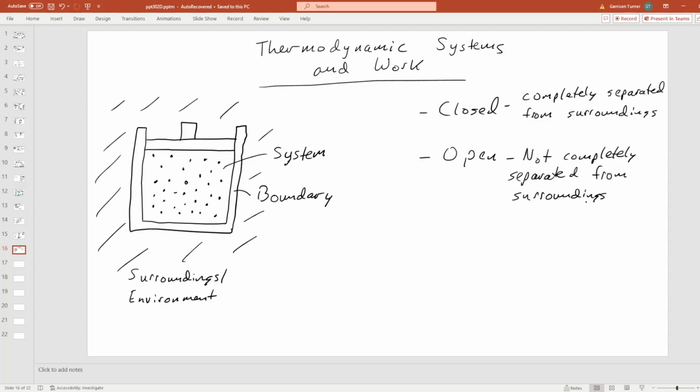The reason this is important is that a closed system has no energy exchange with its surroundings. It doesn't have to be gas, it's just that gas is a really easy example to work with.